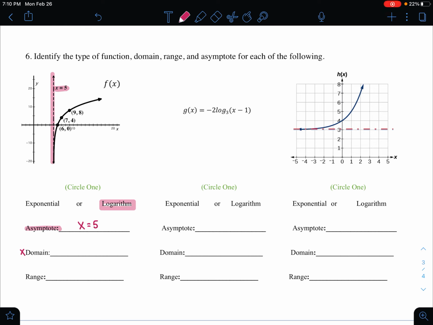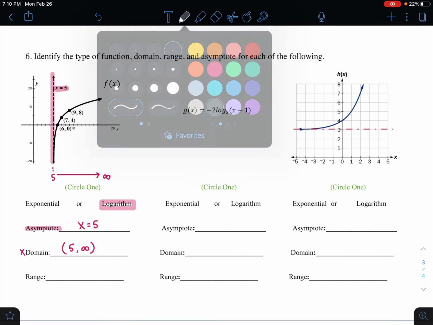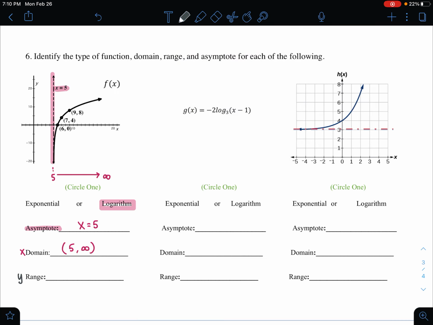Domain is our span of x's, so we see nothing here, but our x's start from 5 and then go forever to the right to infinity. So our domain is 5 to infinity. But if we look in terms of y, they're spanning forever, so they're going to go from negative infinity to infinity.